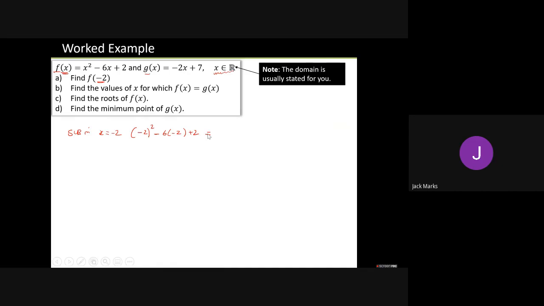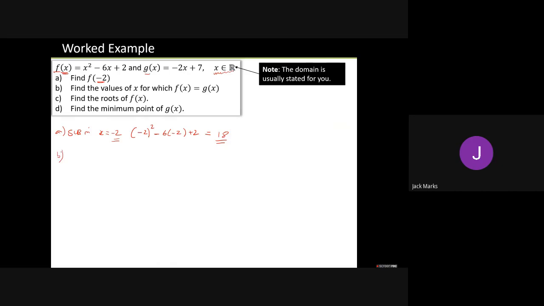And I do have a calculator with me. Let me just do that one very, very quickly. So -2 being squared, take away 6 lots of -2, plus 2, I get 18. Okay, so when my input is -2, my output is 18. Notice I don't need to say y equals 18 now. Okay.